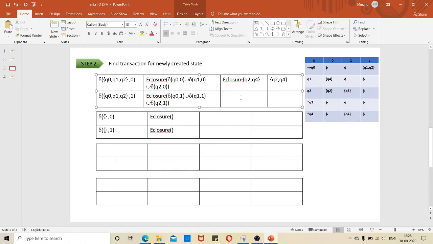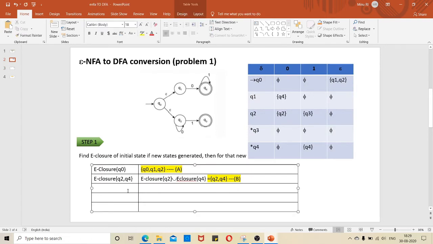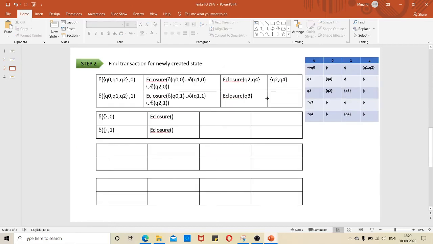So it is the epsilon closure of Q3. What is the epsilon closure of Q3? In the Q3 state there is nothing, so it is simply Q3.